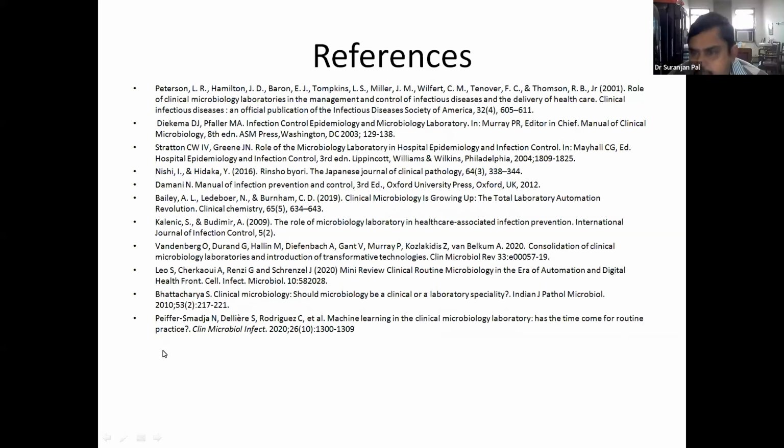It is very important, because we cannot rely on the clinical samples only. We have to get the clinical history. That is why I am stressing this, because we often get incomplete requisitions where there is no clinical history, no antimicrobial history. So we often cannot tell whether it is the appropriate sample for this patient or not.